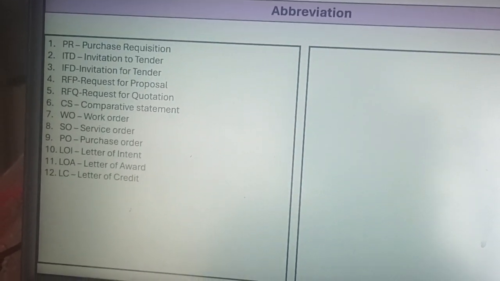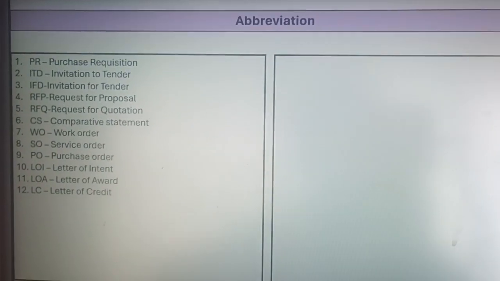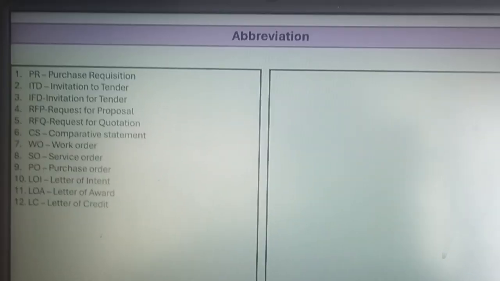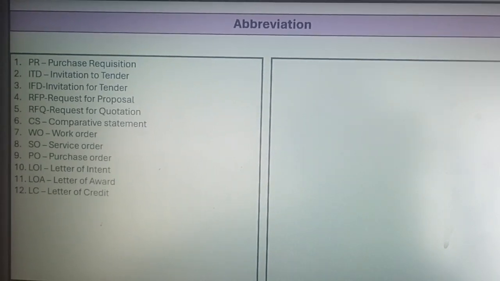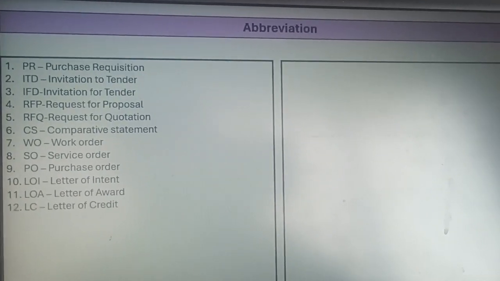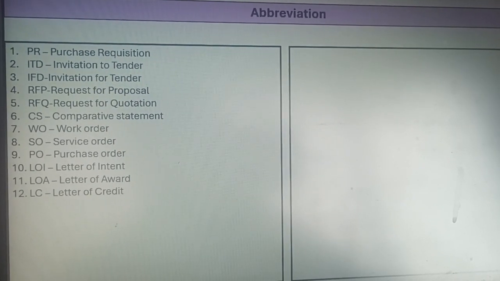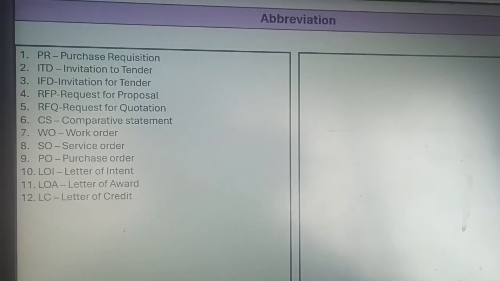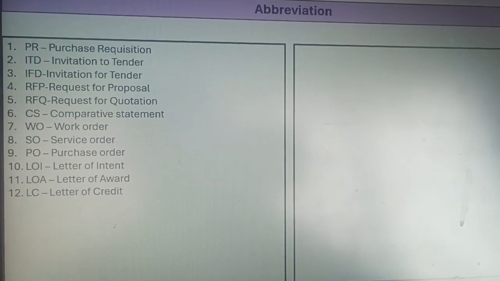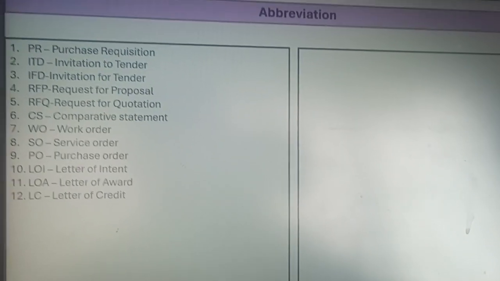Then LC, letter of credit. Letter of credit is a big thing, so we will discuss it in depth. Imagine a seller-side production plant and a buyer-side warehouse in a cross-country contract.